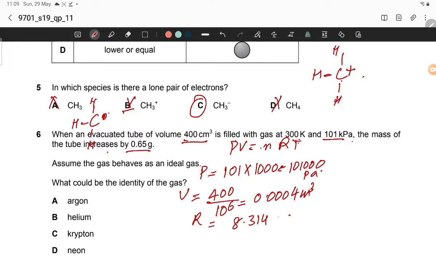8.314 Pascal meter cube mole inverse Kelvin inverse.